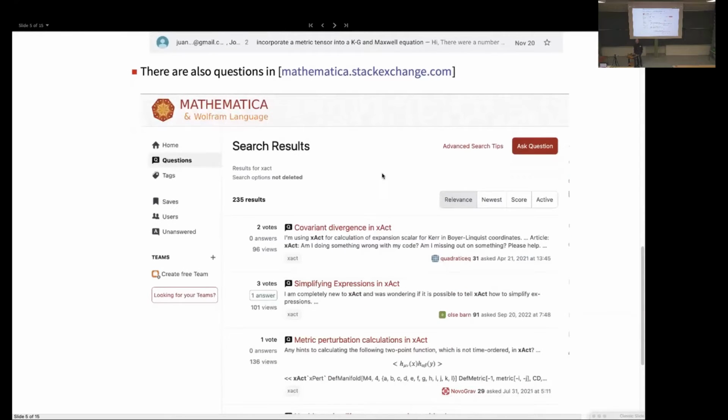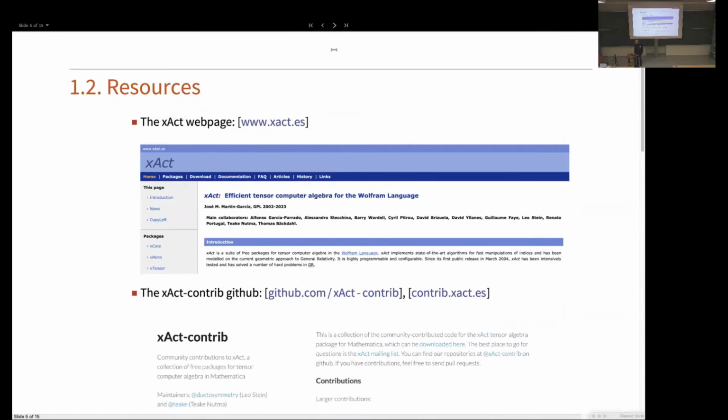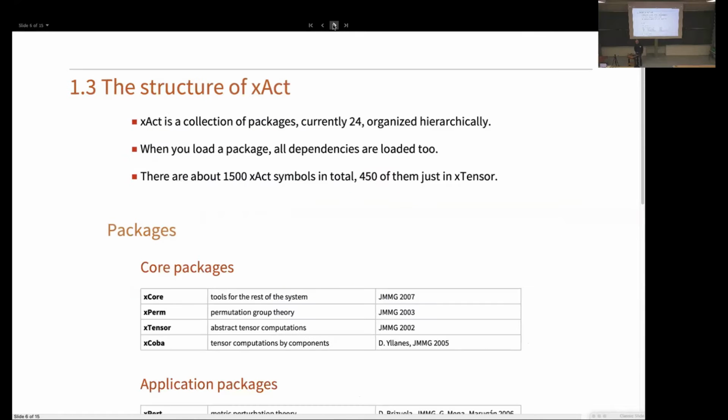So that's another source; for now it's like 200 questions here. Okay, so there are multiple places to access xAct and post questions.